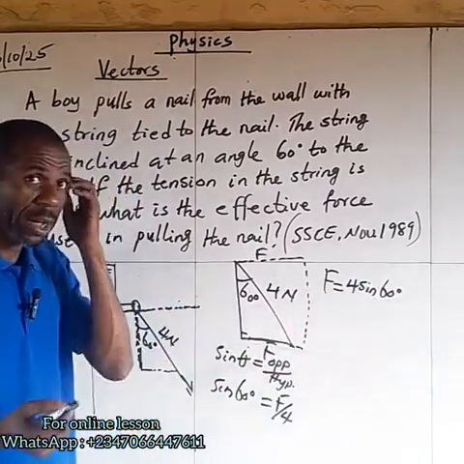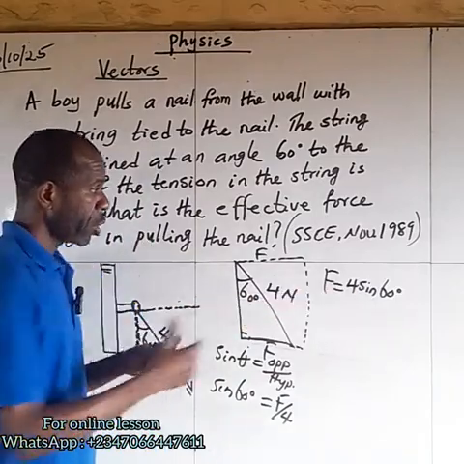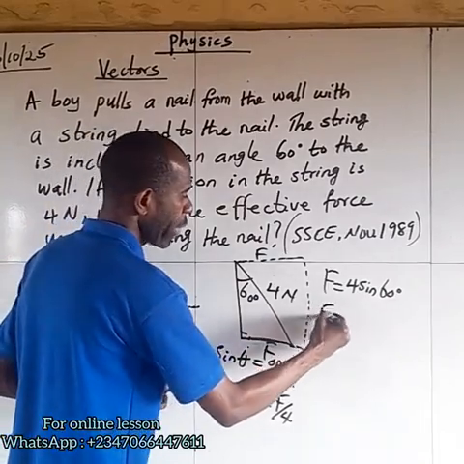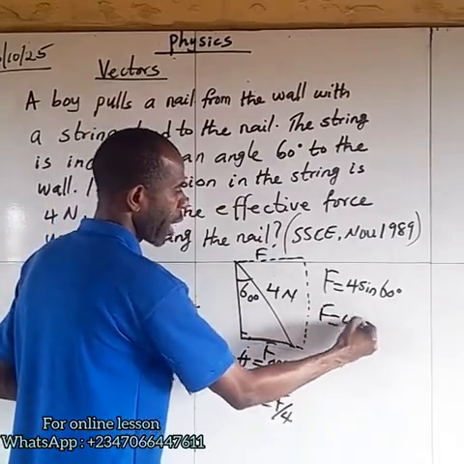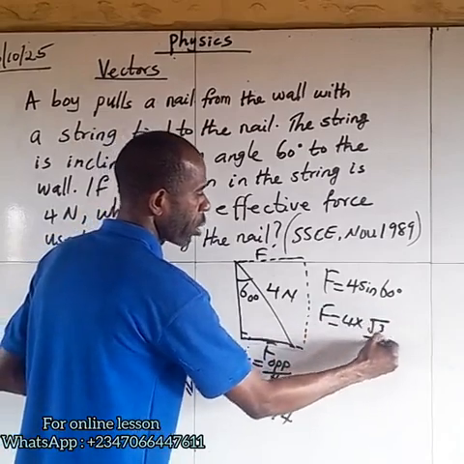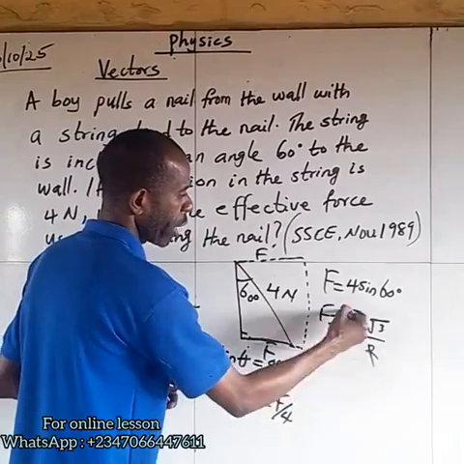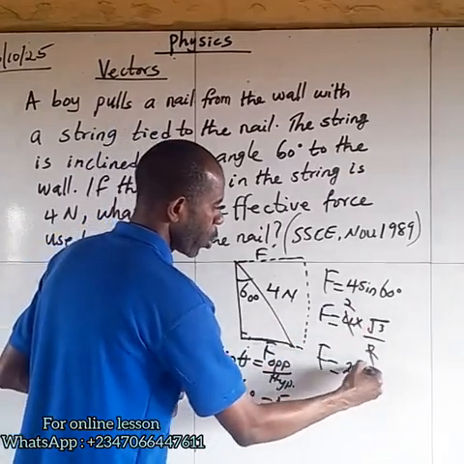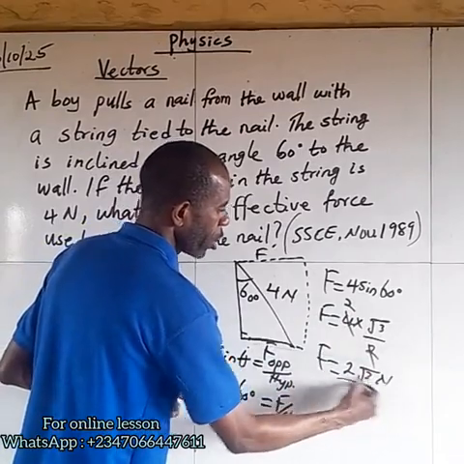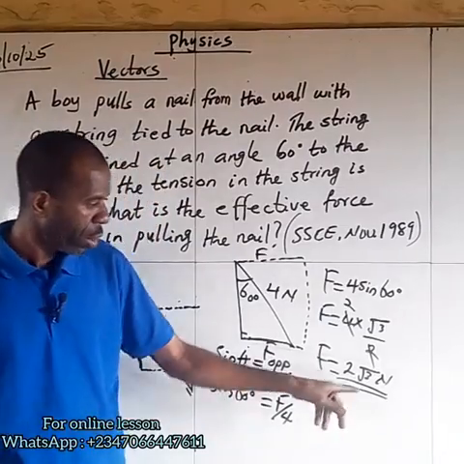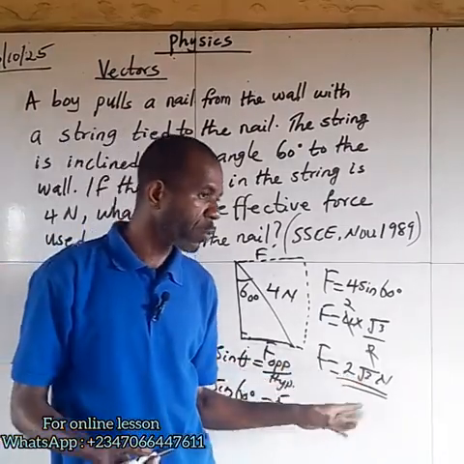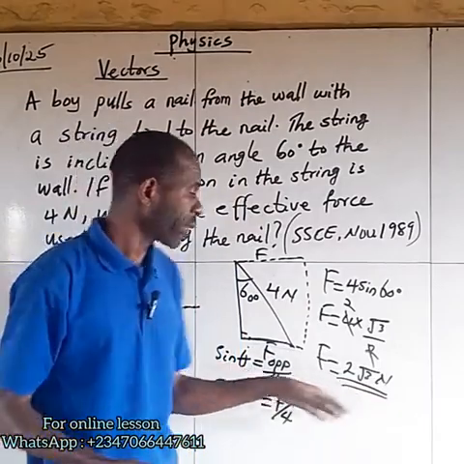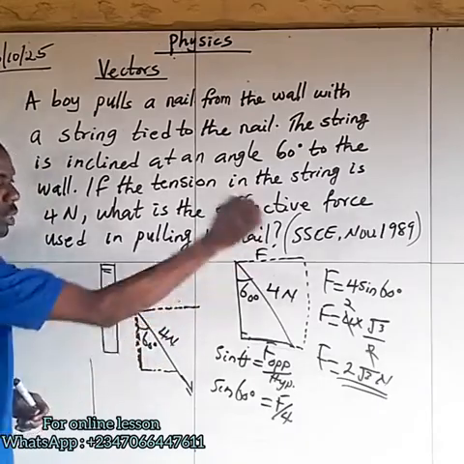Sine 60 degrees is root 3 over 2. So F becomes 4 times root 3 all over 2. This 2 cancels the 4, and we have 2. So F is equal to 2 root 3 Newton. If you wish, you can use your calculator to get the root and multiply by 2 to get the answer in decimal form. So this is the effective force that is required to pull the nail.